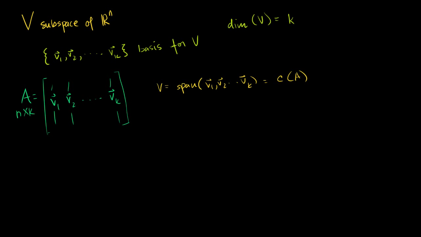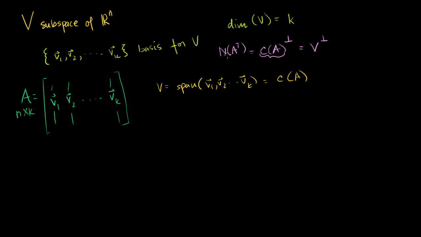I showed you, I think it was 2 or 3 videos ago, that the column space of A's orthogonal complement is equal to the null space of A transpose, or another way you could call it, the left null space of A. This is also going to be equal to, since the column space of A is the same thing as V, V's orthogonal complement.